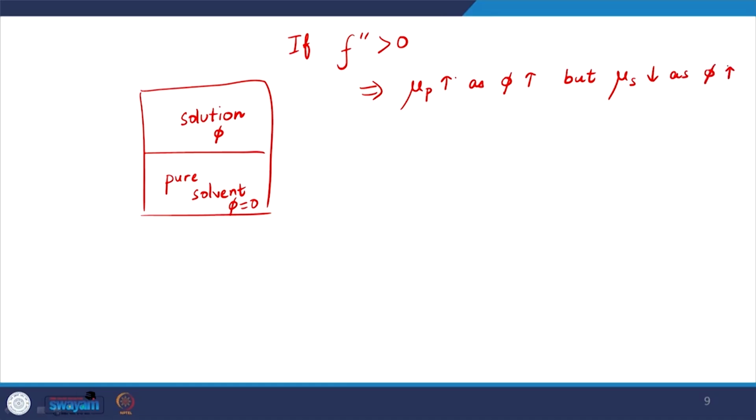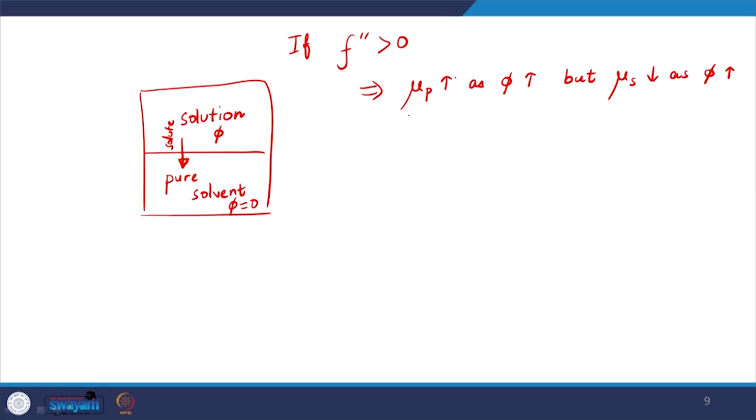So clearly, if the solute moves from the solution to the pure solvent, then phi is decreasing.